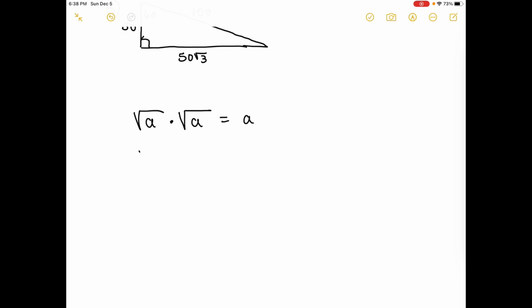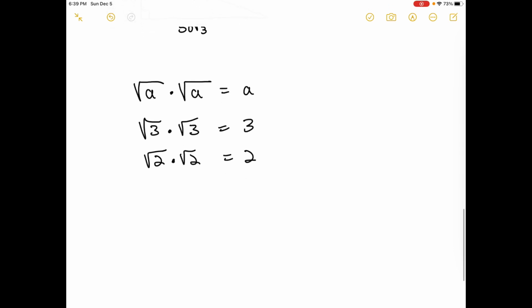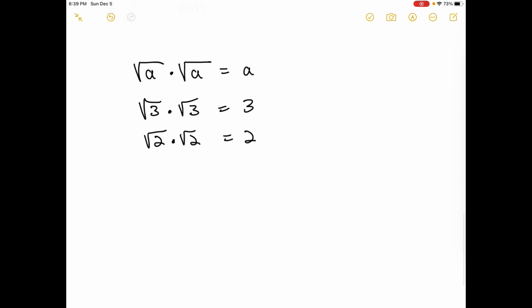For example, root 3 times root 3 is root 9, the square root of 9 is 3. Root 2 times root 2 is root 4, the square root of 4 is 2. So let's remember that principle when we're multiplying our roots together.